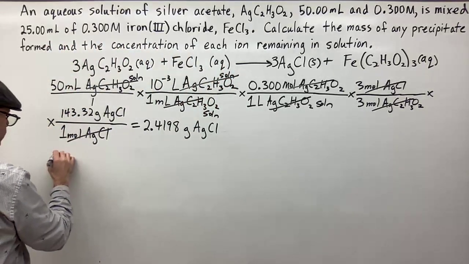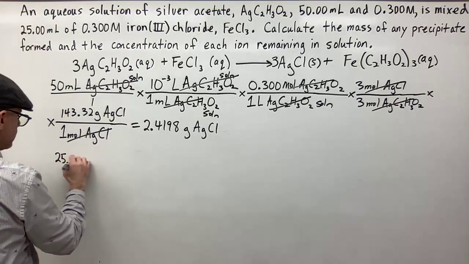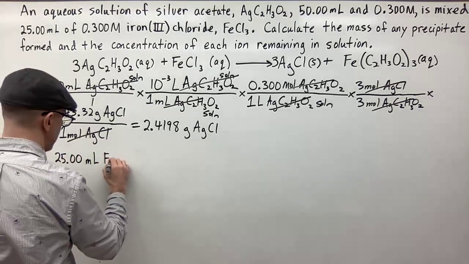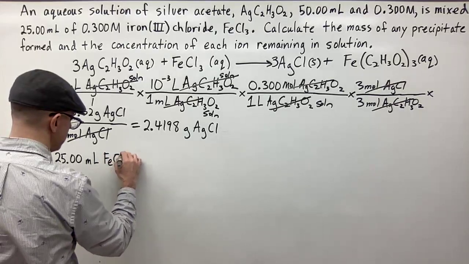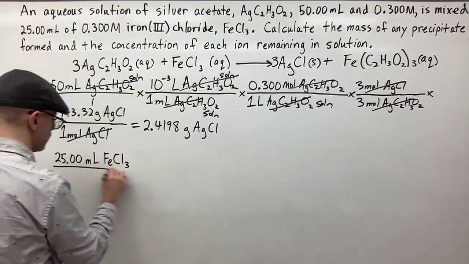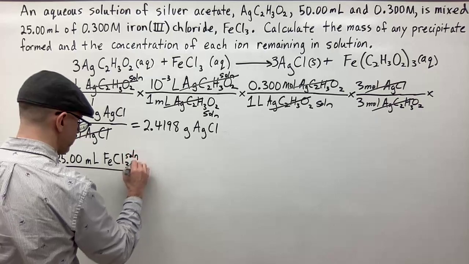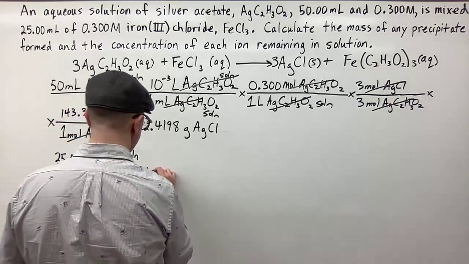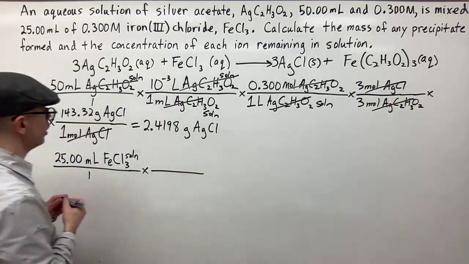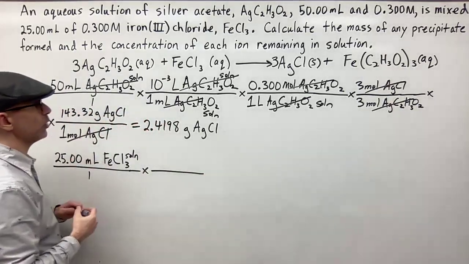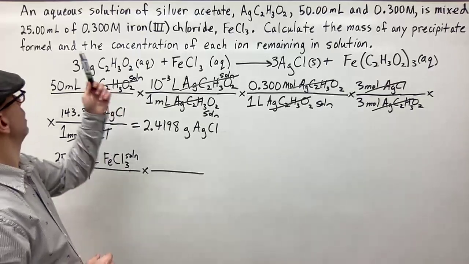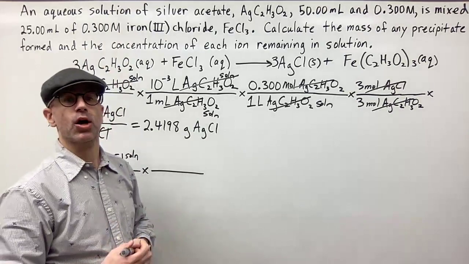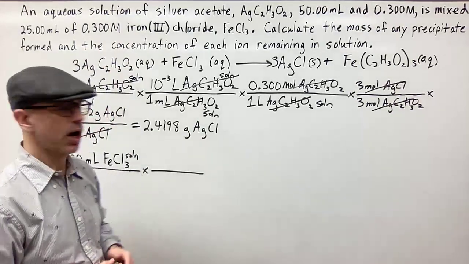So here we have 25.00 milliliters of the iron 3 chloride solution, again over 1. And again, we're going to use the molarity to convert from the moles to liters, but we need liters first.